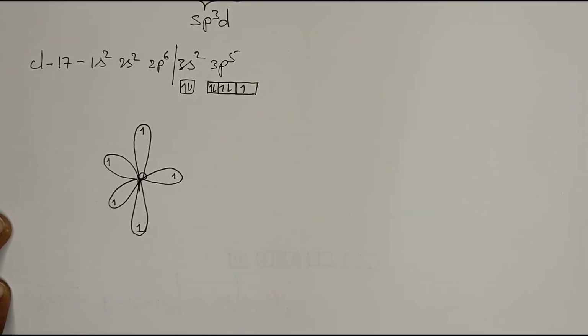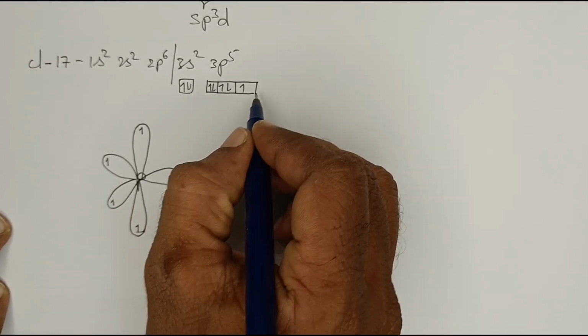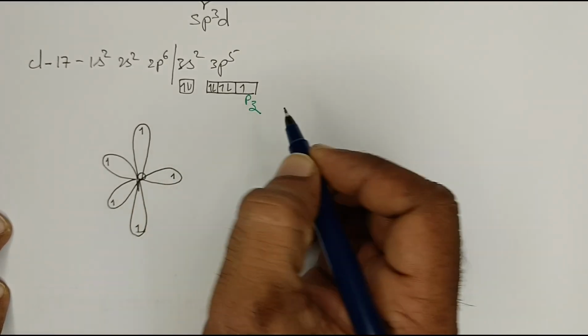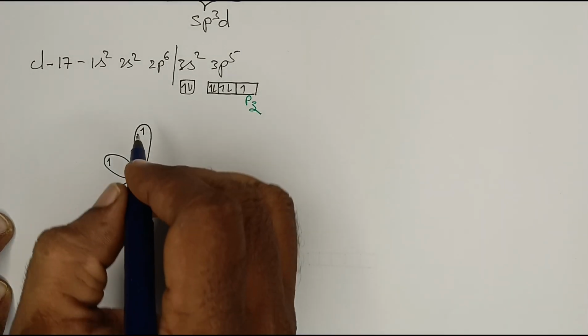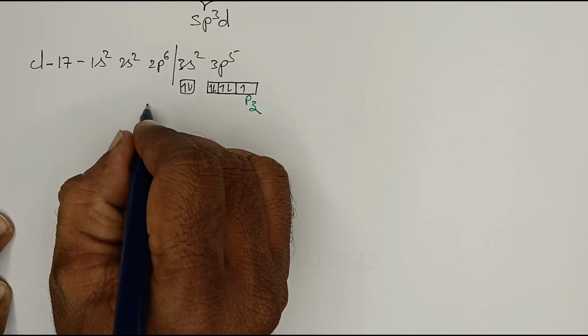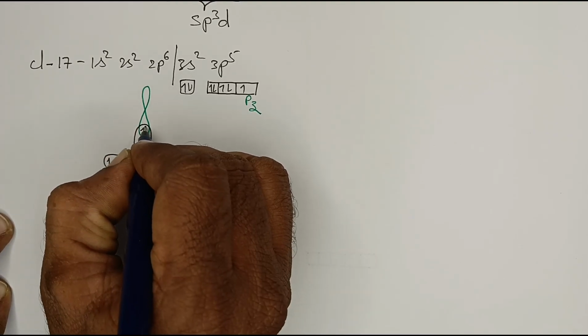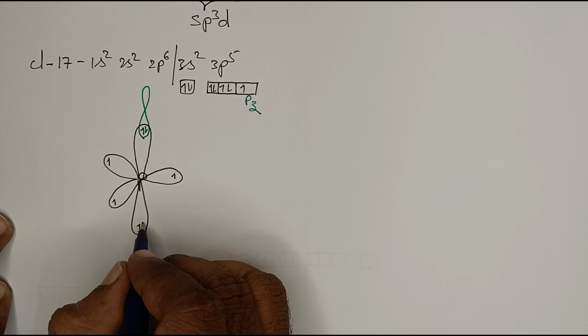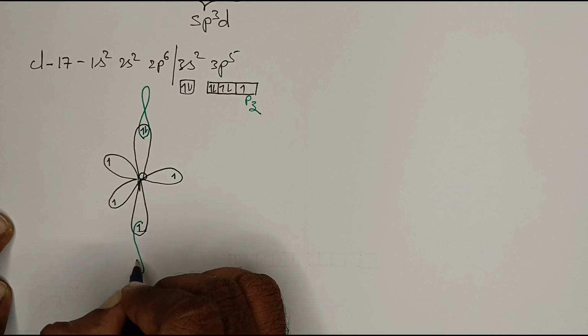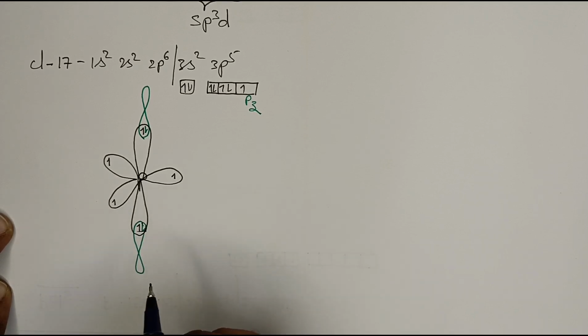So with these 5 sp3d hybrid orbitals, the pz orbital of chlorine combines. Chlorine combines with 1 unpaired electron, and here also chlorine combines with 1 electron.